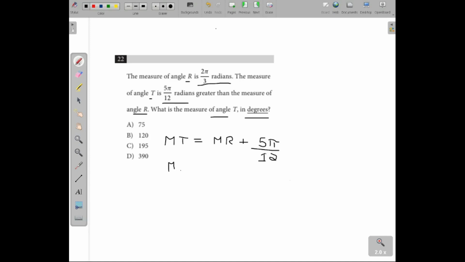So the measure of angle T is equal to the measure of R, which is 2 pi over 3 plus 5 pi over 12.